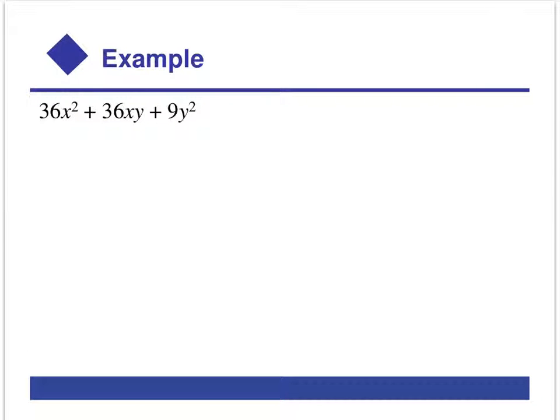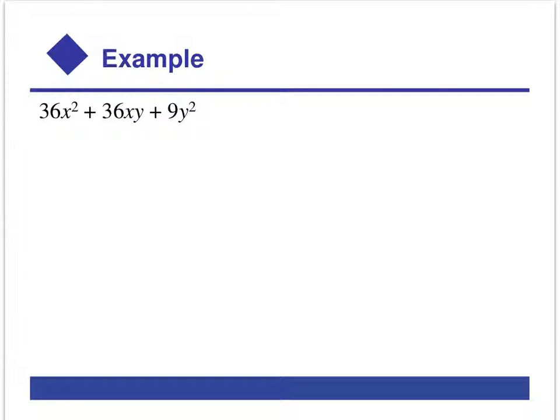Okay, 36x squared plus 36xy plus 9y squared. First and foremost, is there a GCF? No, there's not one. Let's see. Yeah, there is.